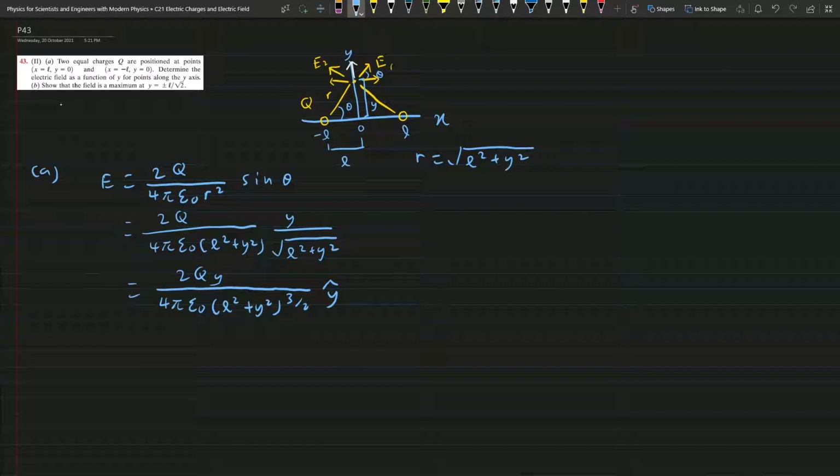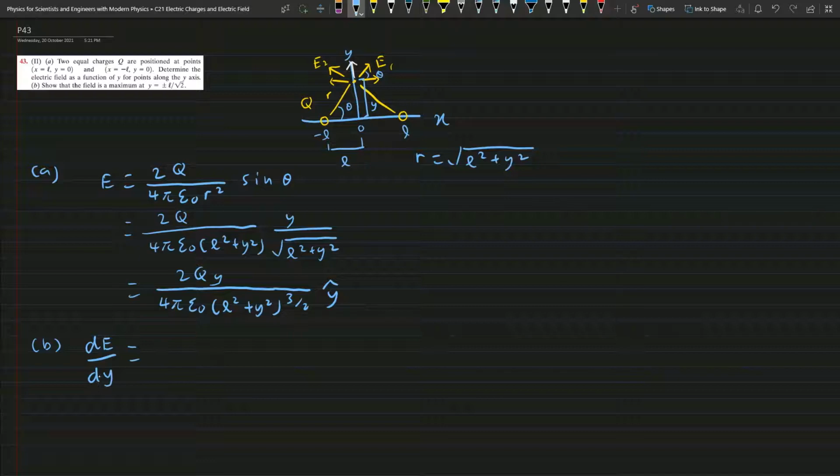Now for B, you want us to show that the field is a maximum at y equals this thing. So as you all know, to find the maximum or minimum, we always differentiate and set the derivative equal to 0, and we can find the point.